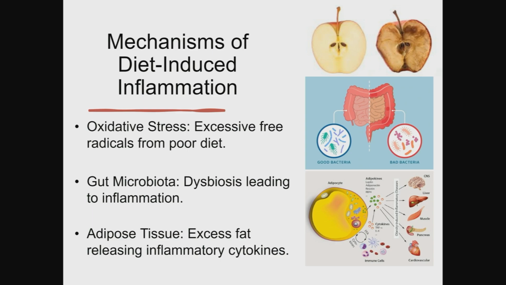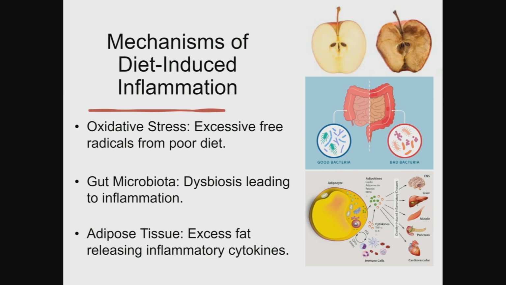The second factor is our gut microbiome. There's a process called dysbiosis, and it leads to inflammation. Dysbiosis is when we have more harmful bacteria in our gut than helpful bacteria. So we've got more bad bacteria in our gut. And then the third one is adipose tissue. That's really fat in our body.